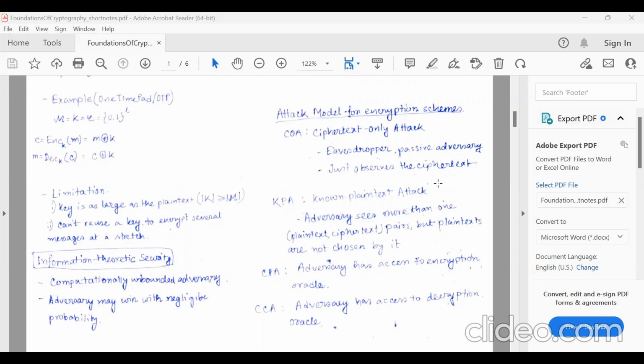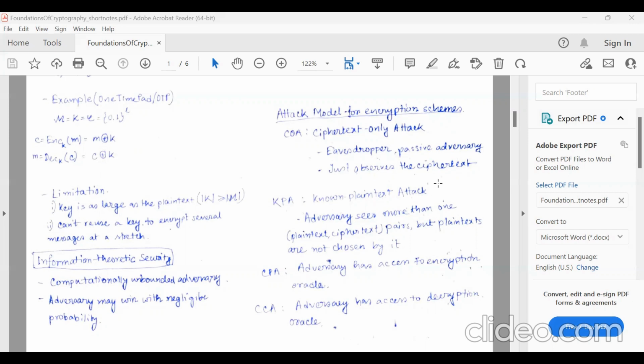Okay. And in case of CPA, the adversary has more power, and here the adversary can choose messages of its choice, and it has encryption oracle access such that for its chosen message it can see the corresponding ciphertext. And in case of CCA, the adversary is even more powerful. Apart from access to the encryption oracle, it also has access to a decryption oracle, where it can provide ciphertext of its own choice and get to see the corresponding underlying message.